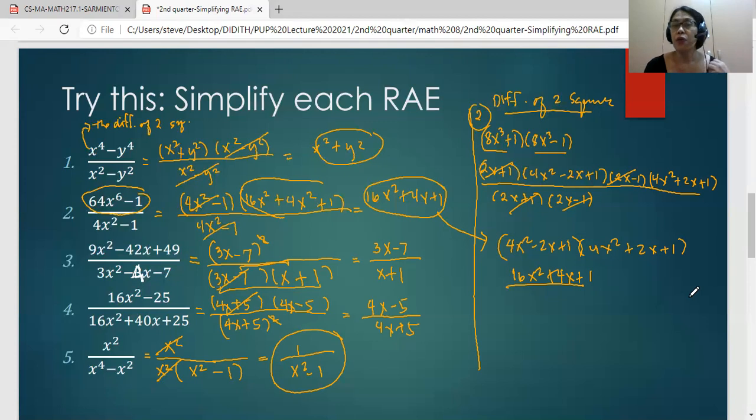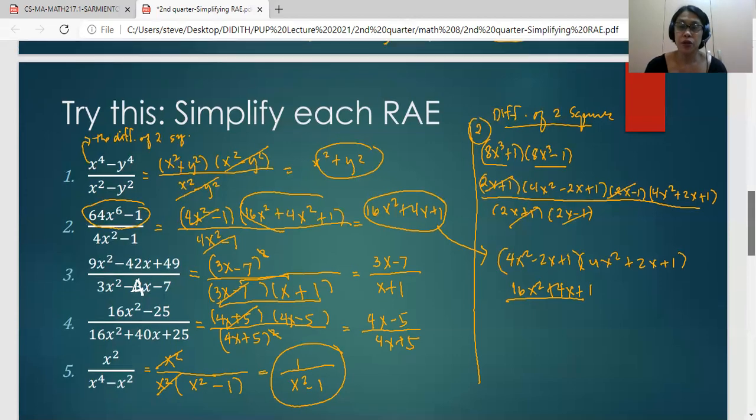Exactly what we are going to do with rational algebraic expressions. So it's necessary that we know how to simplify because as we proceed with operations on rational algebraic expressions, we are required also to simplify our answer. So the next topic after this one will be the operations on rational algebraic expressions.